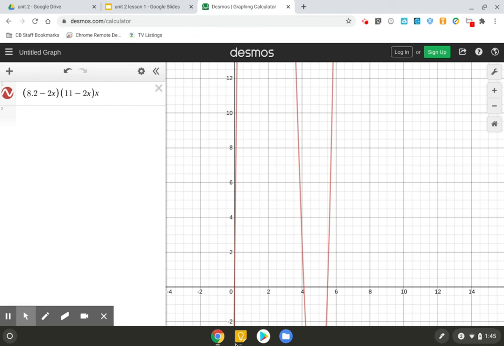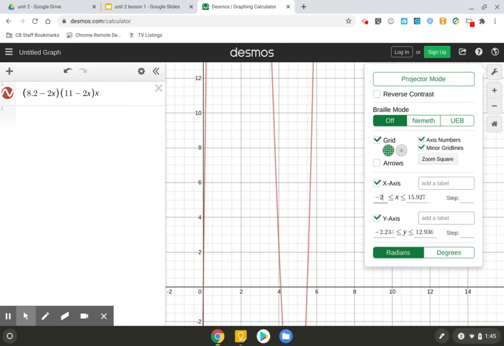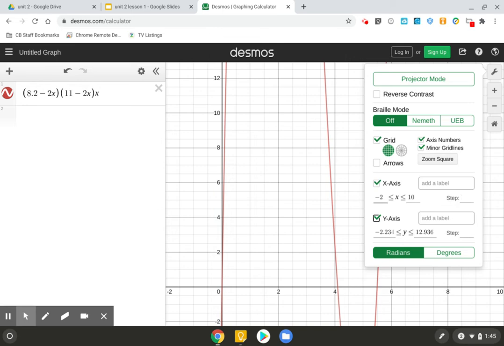So what I'm going to do is click on the wrench here, and I'm going to try to get a better view of the graph. I'm just going to play around with the settings. Let's go 10.